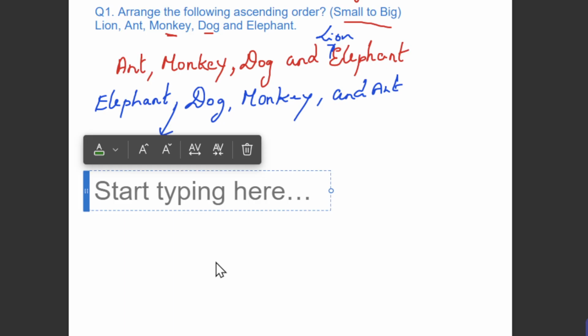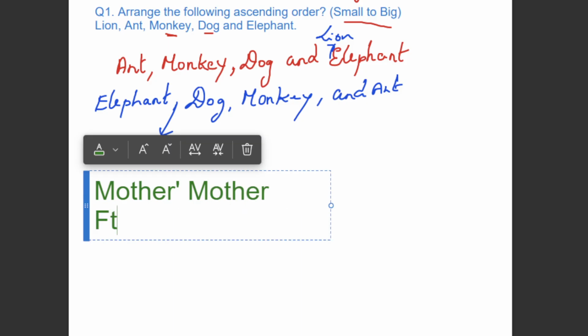Is the screen visible? Yes, it is. Okay, so now mother's mother, then father's mother.